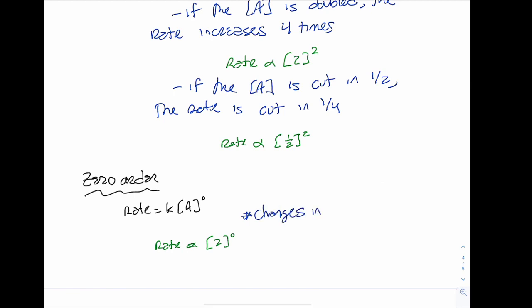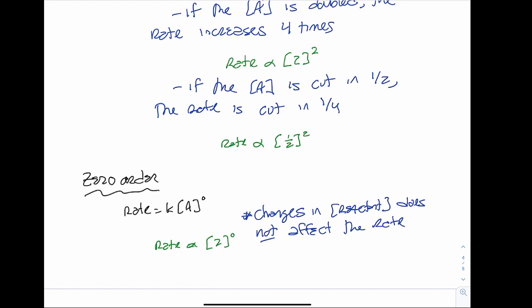So changes in reactant concentration do not affect the rate. You can increase A's concentration 100 times, the rate is not going to change, right? 100 raised to the 0 power is 1. 1 times our rate is no change.